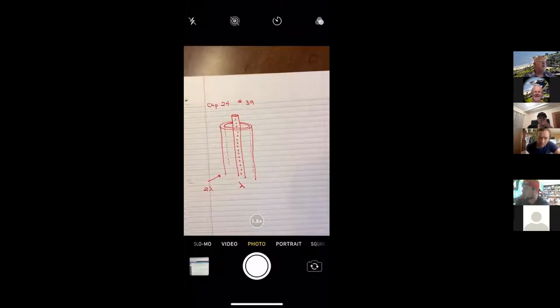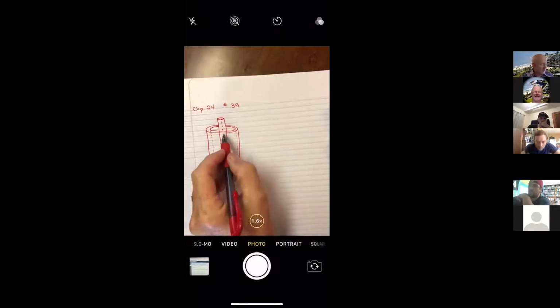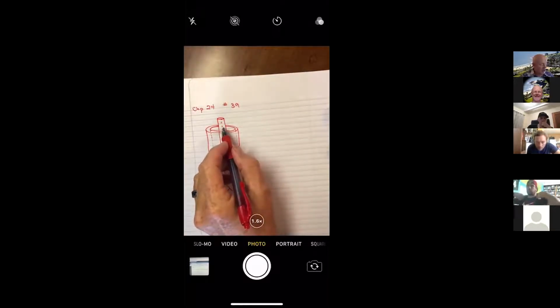From this information, use Gauss's law to find the charge per unit length on the inner surface and the outer surface, and the electric field outside the cylinder, a radius r from the axis. When we do Gauss's law, let me do a cross section of this.